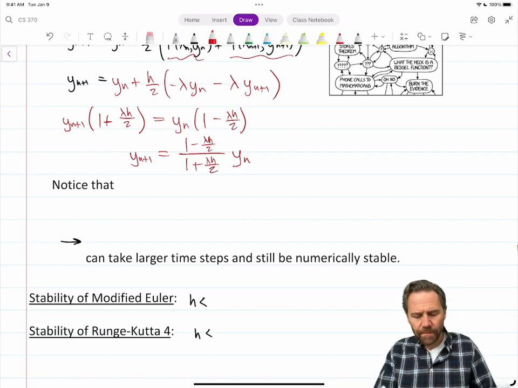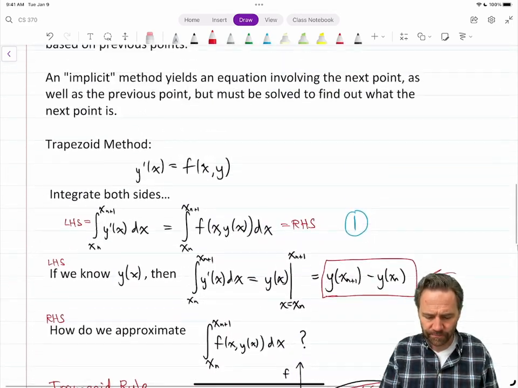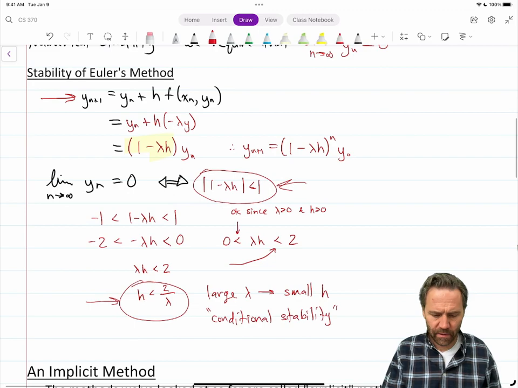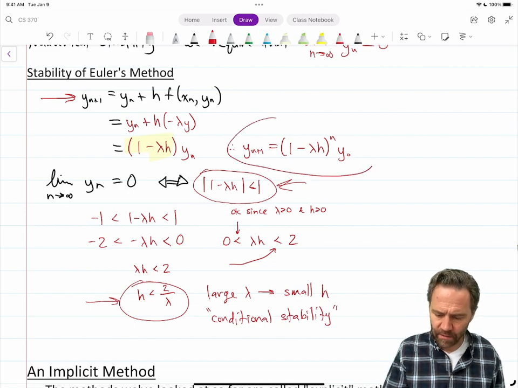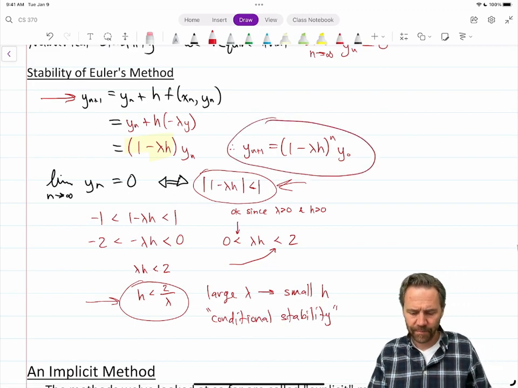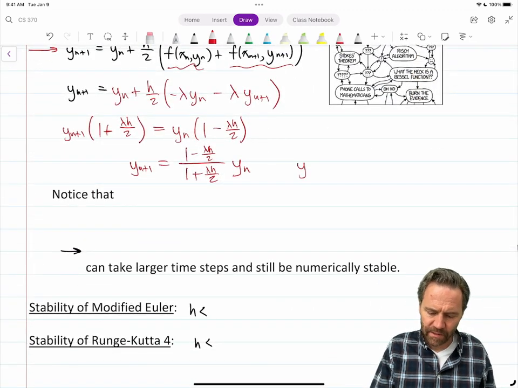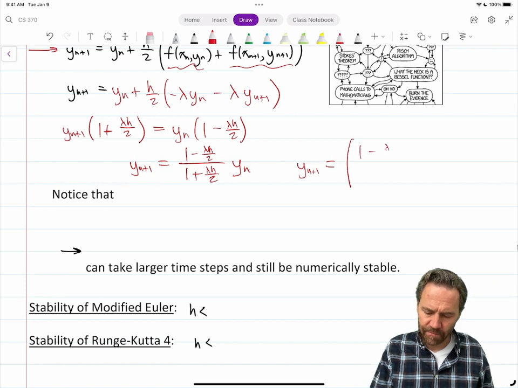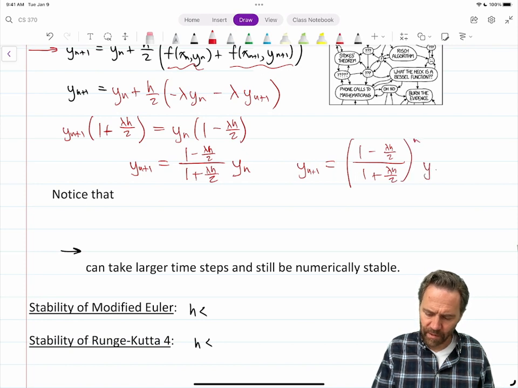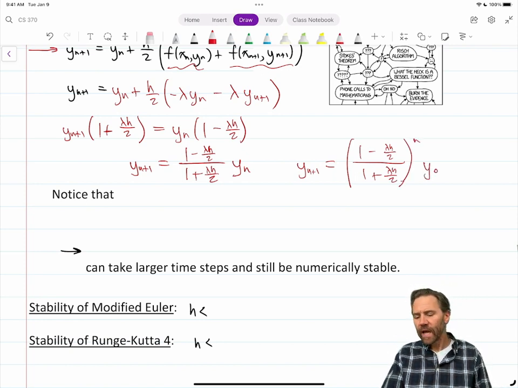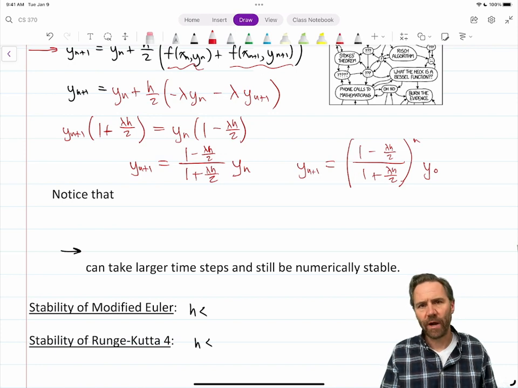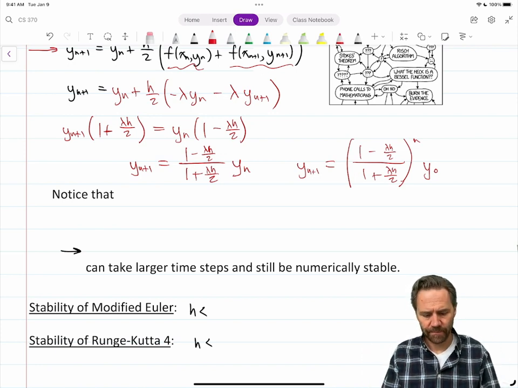That's equivalent to the formula we had for Euler's method. We could do the same thing where we say y sub n plus 1 is that whole thing inside there to the nth power times y0. Again, what we need is the thing inside those big brackets to be smaller in size than 1.